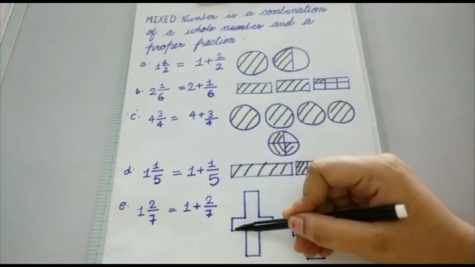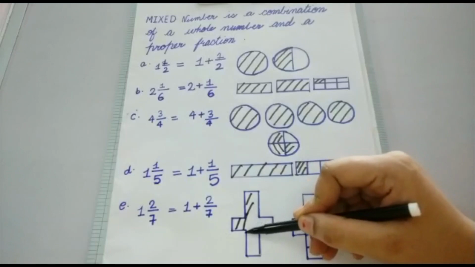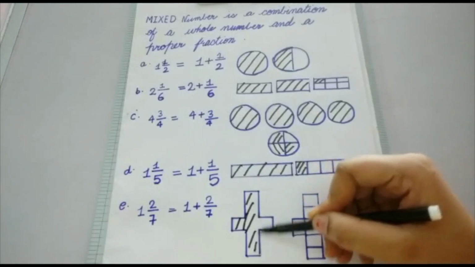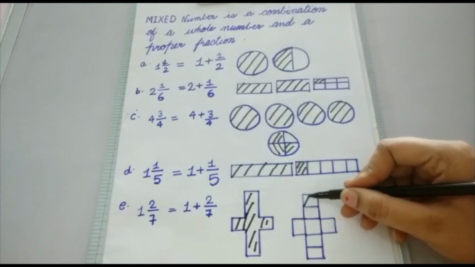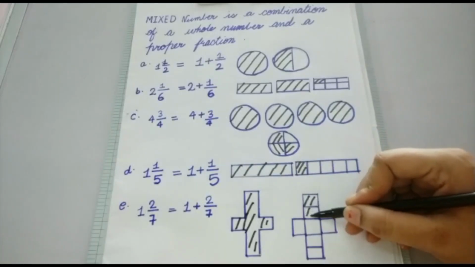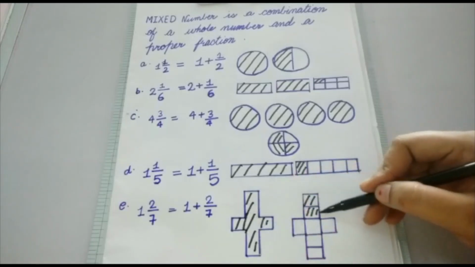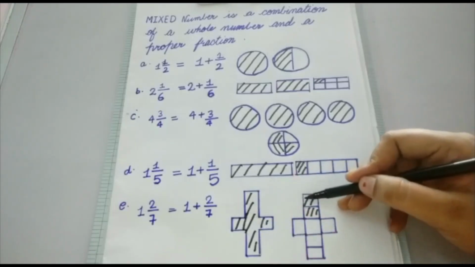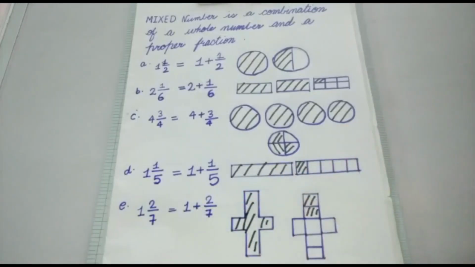So let's take this complete one whole plus sign and take 2 parts of this plus sign, consider. So this shaded part and these two parts of this whole are representing 1 2 by 7.